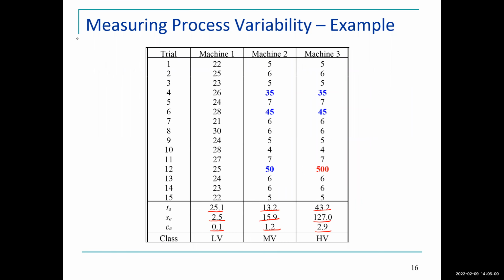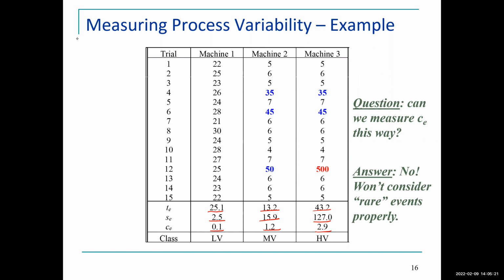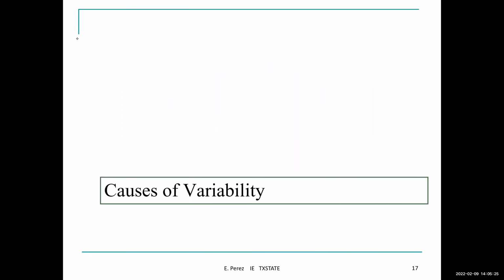We concluded that we needed a way to consider variability that also take into account these outliers, like 500 in the third machine, because if we don't do that, then we can get the wrong feedback from the analysis. And so how do we consider these rare events properties?